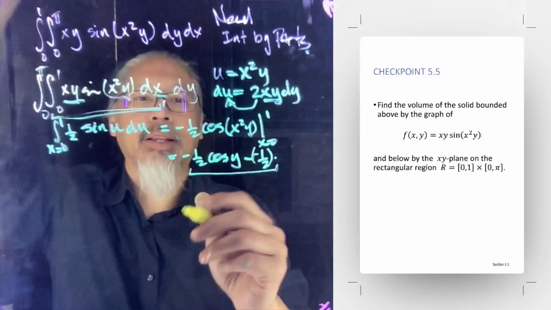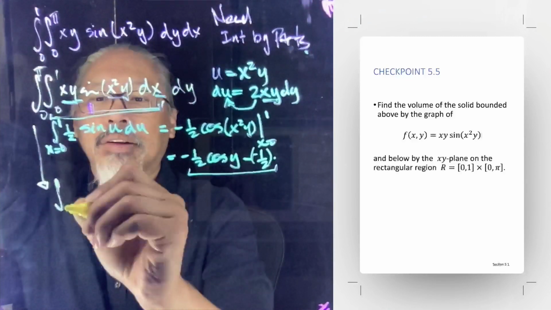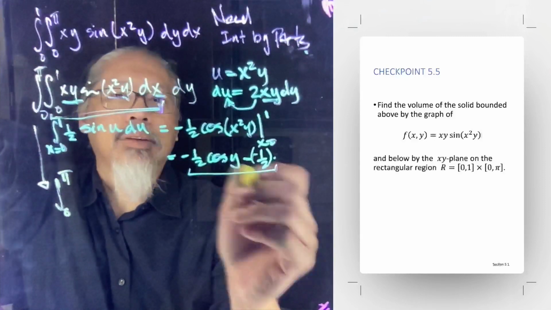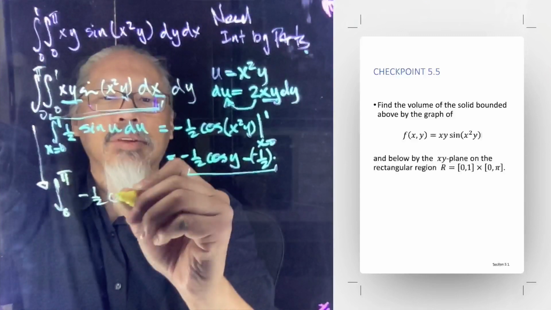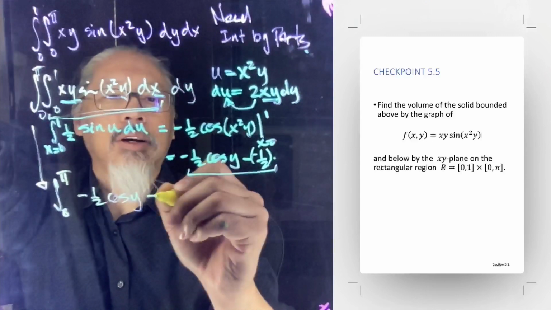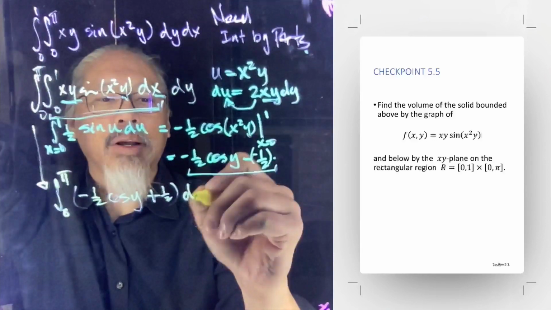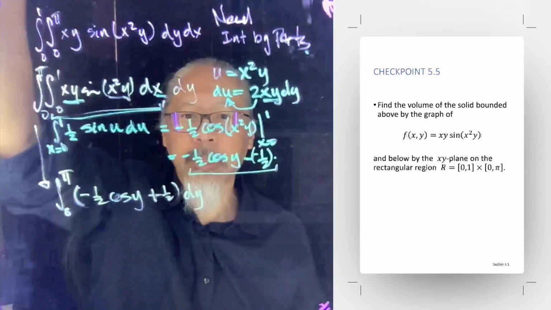All right, now that we got that fixed up, we are on the outer integral, and the outer integral is going to go from 0 to pi of what we just computed, so it's negative 1/2 cosine of y plus 1/2, and this time we're going to integrate with respect to y going from 0 to pi.